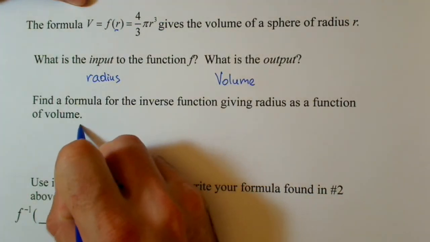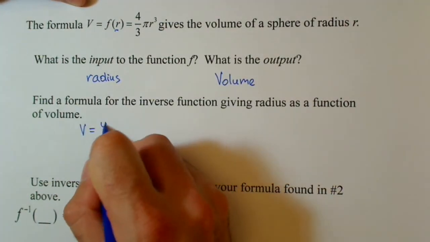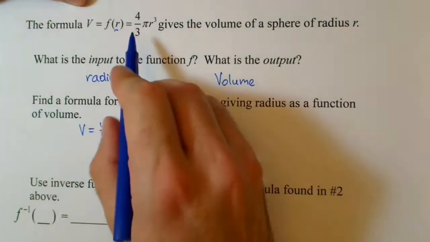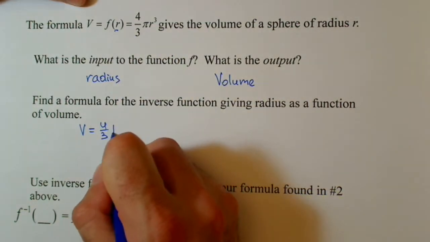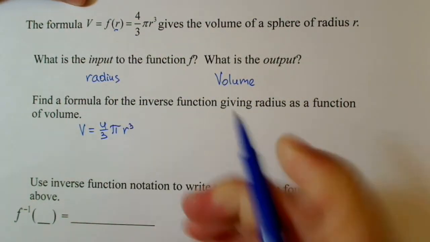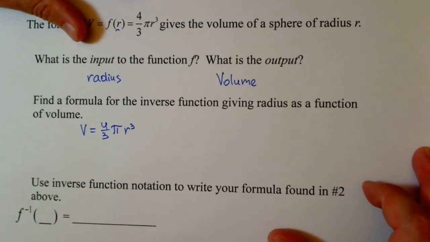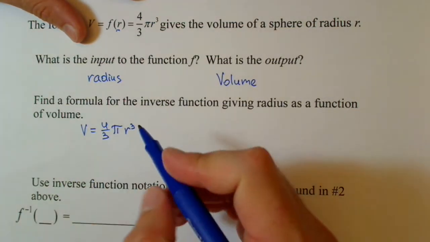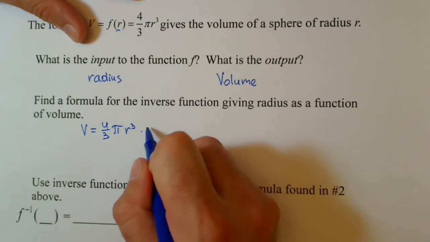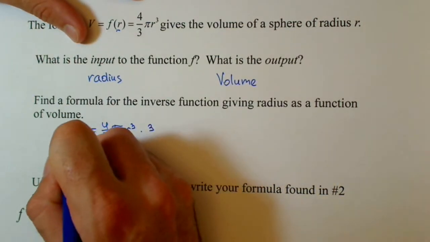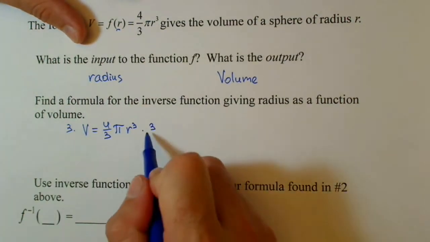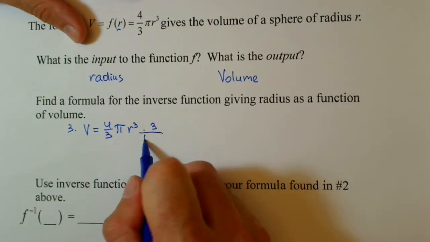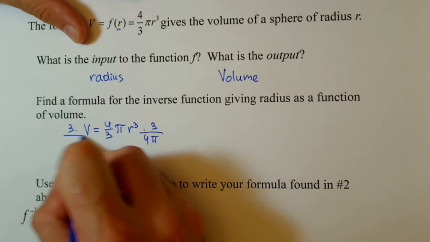And if our original function volume was equal to 4 thirds pi r cubed, now what do we have to do? We have to find radius in terms of V, in terms of volume. And in order to do this, we multiply everything by 3, and to cancel this 3 we divide by 4 pi.